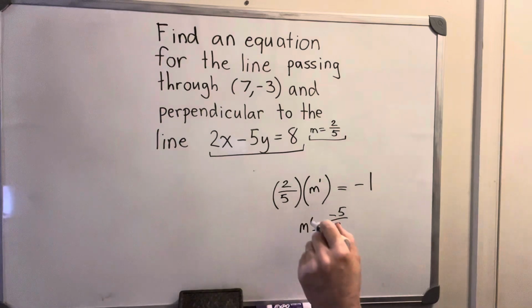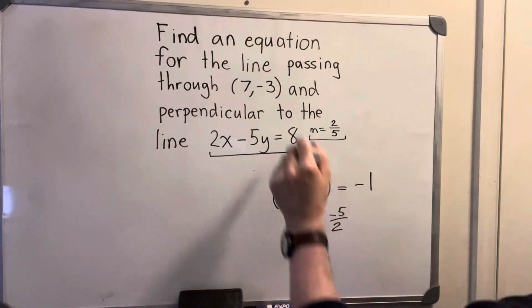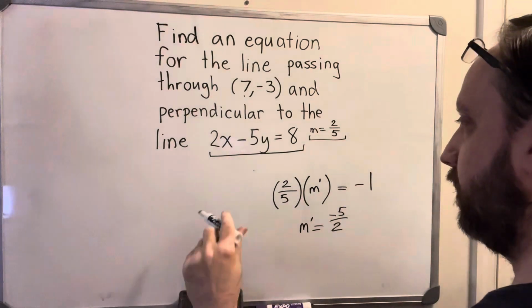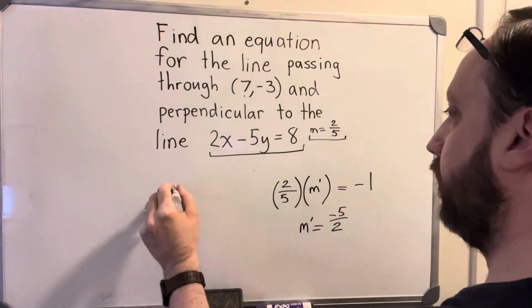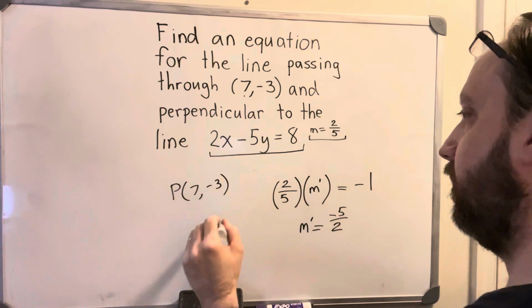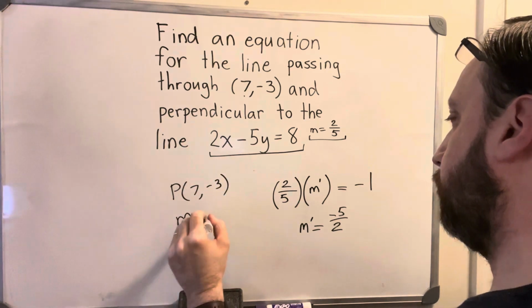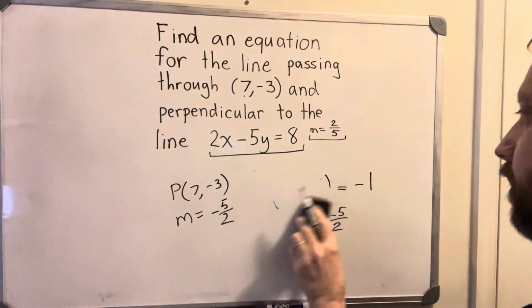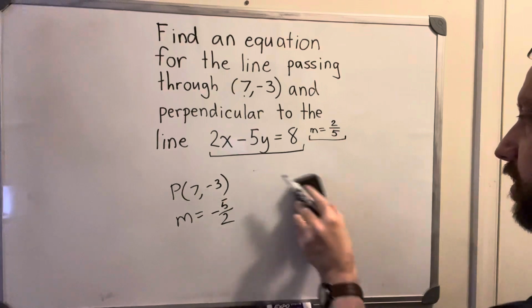Now we have a point and we have a slope. We can say the point (7, -3), and the slope -5/2. We have a point and a slope.